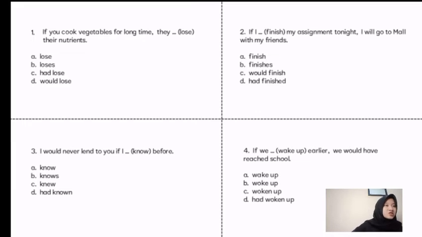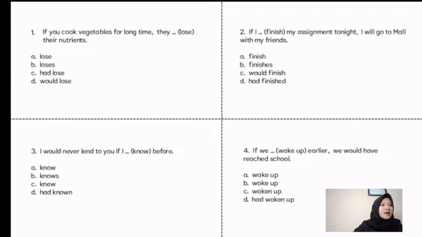Okay, so the answer of the first question is lose. Yeah, A. Why? Because this is the kind of zero conditional sentence, conditional sentence type 0. Why?